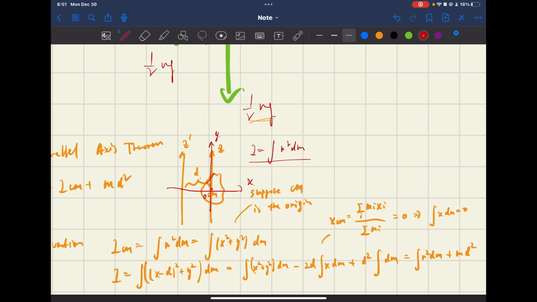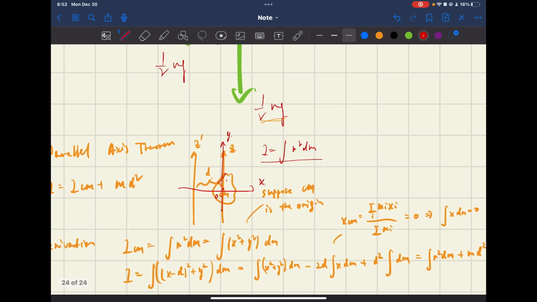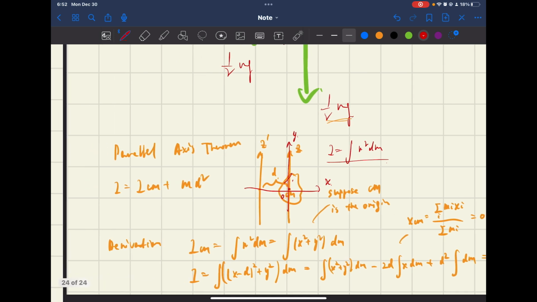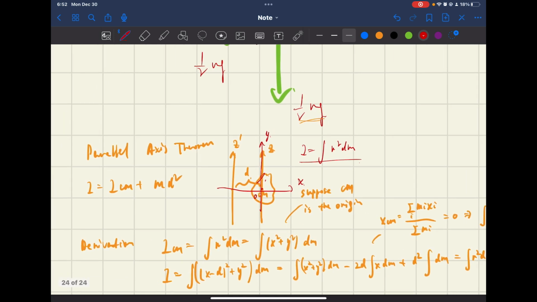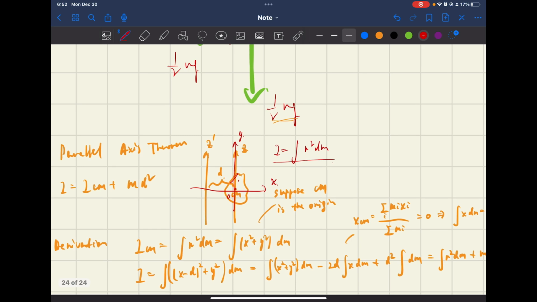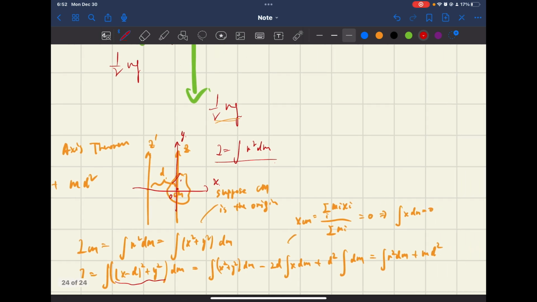We consider every single point on this rigid body, and we put it in an integral to sum it. For the moment of inertia about the z prime axis, we change the expression under the integral to (x minus d) squared. So it's in coordinates. I guess it's kind of simple to understand.